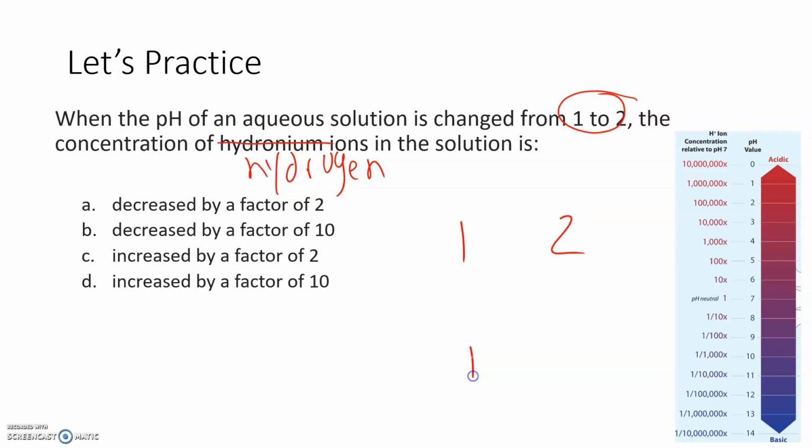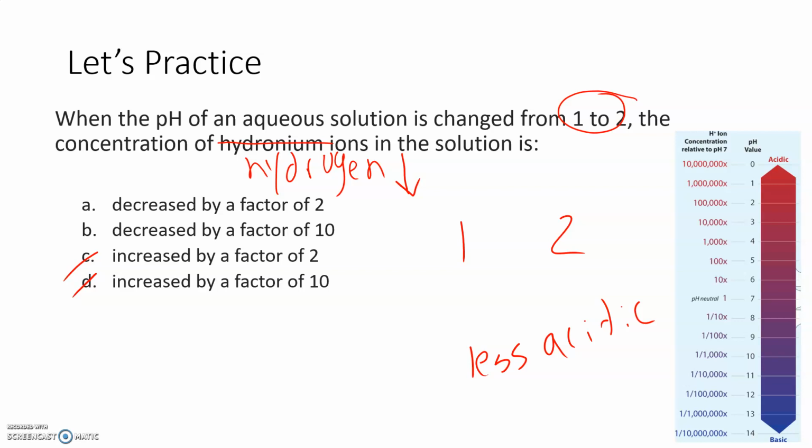In this case, it's becoming less acidic because the pH is increasing. So if it's becoming less acidic, that means the concentration of my hydrogen ions should be dropping. So I'm going to go ahead and cross out C and D, which say that hydrogen ion concentration is increasing.